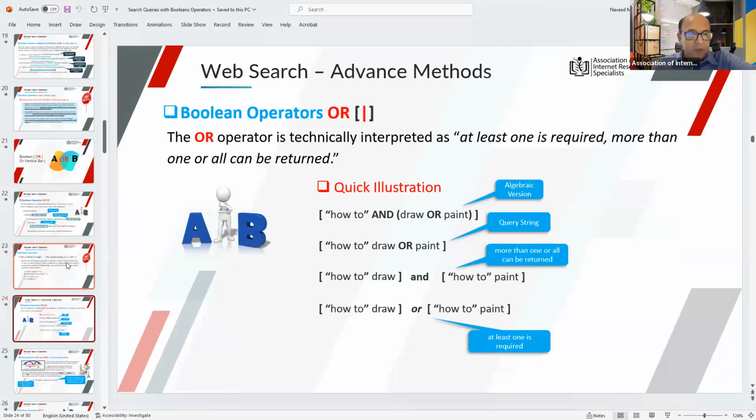By the way, because we are discussing things in the algebraic sense, sometimes when you're using too many instances of OR in the search box, you are also creating chaos for the search engine.